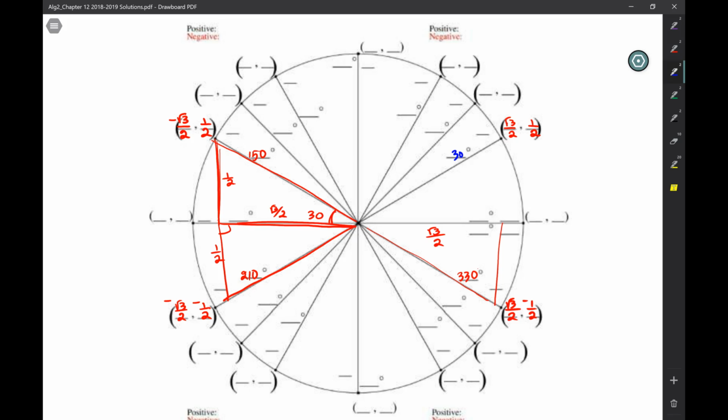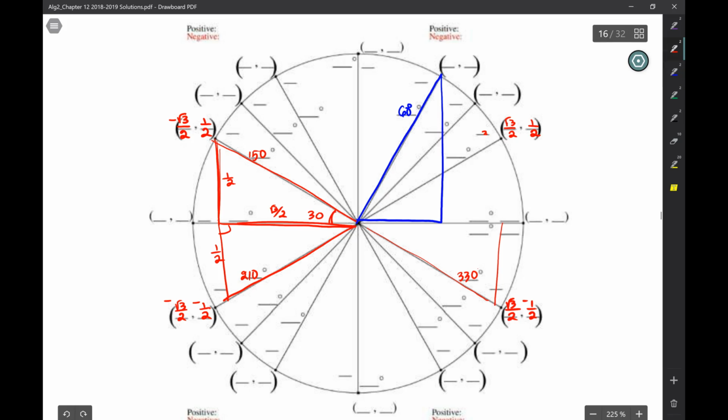Okay, now you know what? Let's go to 60 degrees. I'm going to draw an angle here. Okay, now look at this. What's the angle here? How much is this angle here? 60.